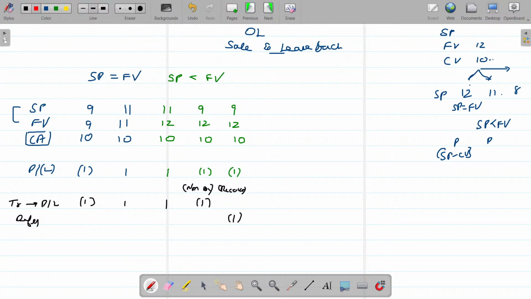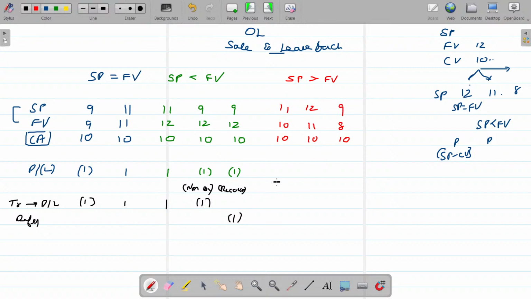The last scenario, if the sale price is more than fair value, we assume the carrying amount is always 10. Fair value being 10, 11, 8 we assumed. Sale value is always more than the fair value. So 10 means 11, here 12, here 9, this way.